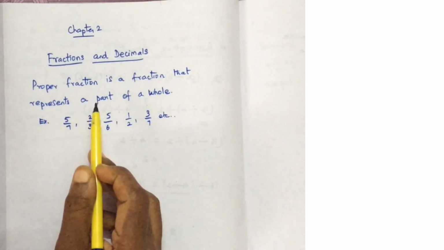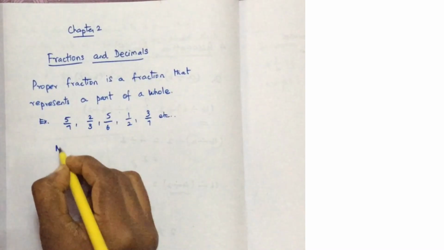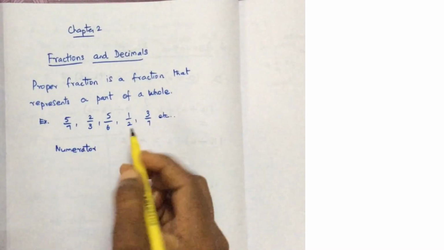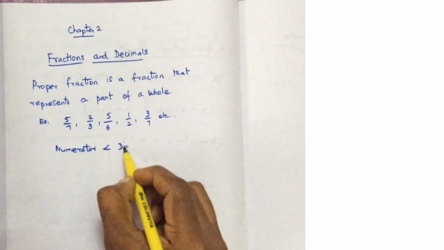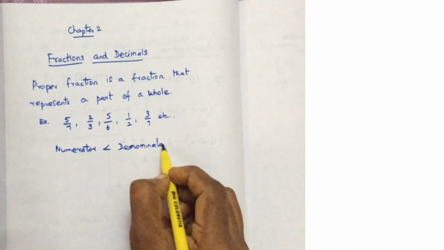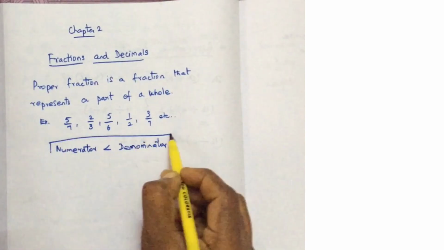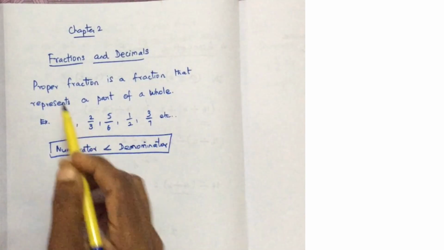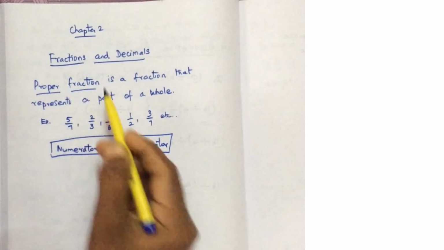For a proper fraction, always the numerator must be smaller than the denominator. If this condition is satisfied, then it is called a proper fraction.